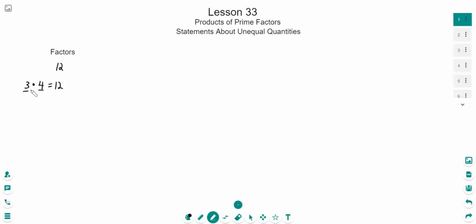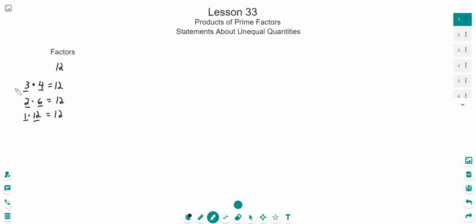Can we think of any other combinations that might multiply out to be a 12? Well, sure. We could think of a 2 times 6, for example. That also is a 12. We could also think of a 1 times 12. That is also a 12. And if we try to think of any more, we're not going to be able to find any other multiplication problems that deal with whole numbers that would give us a 12.